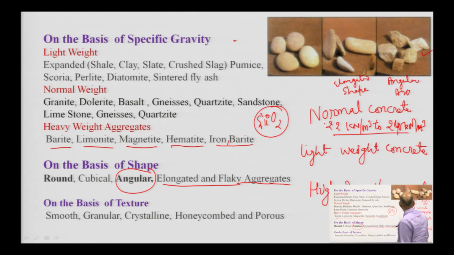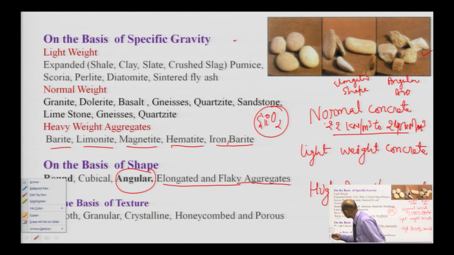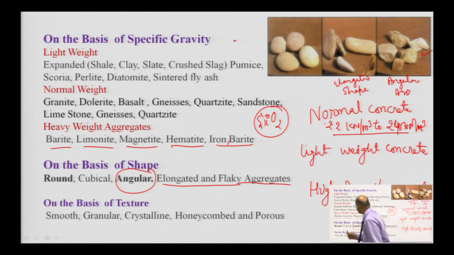So, elongated shape is important here, because if you are using this type of aggregate, it is not going to take the load and lots of voids will be there, and finally, with weak quality of aggregate, the strength will be very bad.